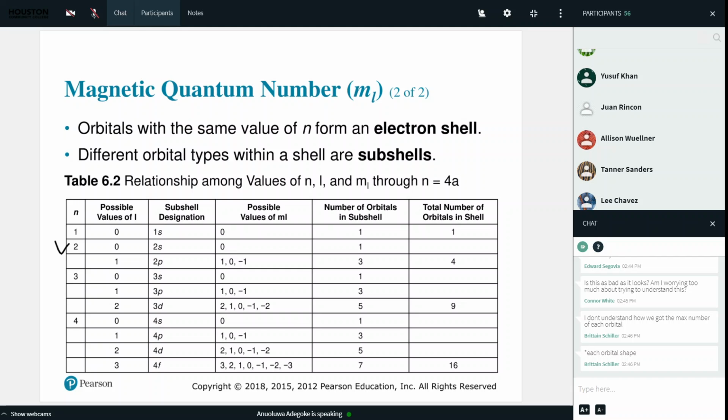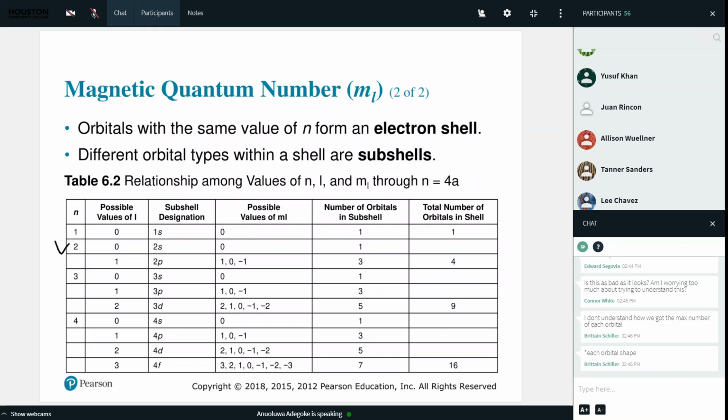When n equals 2, l equals n minus 1, which is 2 minus 1, which is equal to 1.